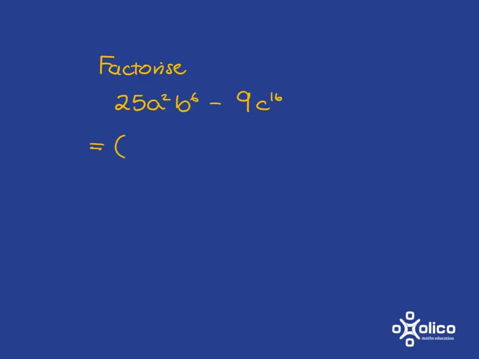what we hopefully can see is that we do have the pattern of a difference of two squares here. And all we need to do is go back to what we were doing right at the start, which is recognizing what the square root of each of these things are. So let's have a look at 25a squared, b to the 6.